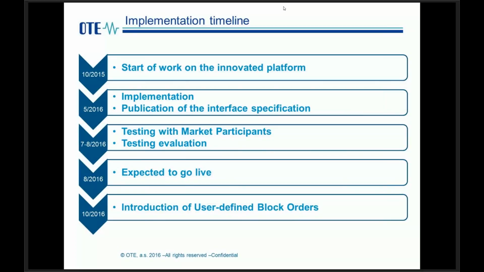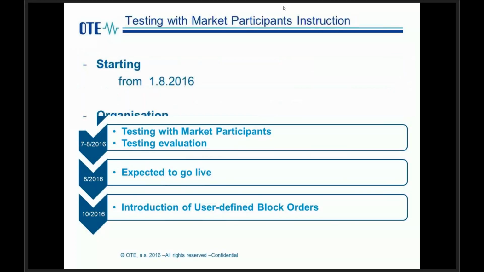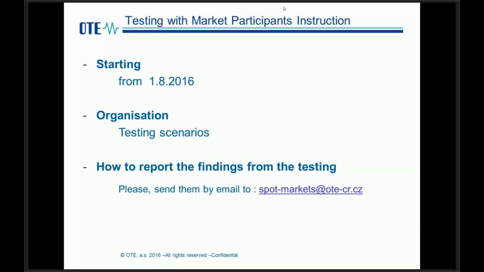After the testing phase, we'll do an in-house evaluation, and the go live is expected on the 23rd of August, and we should really go live in terms of operation on the 24th of August this year.